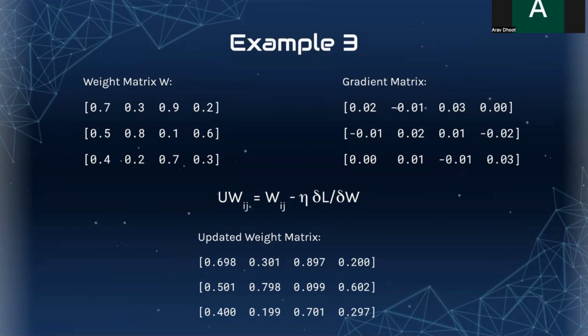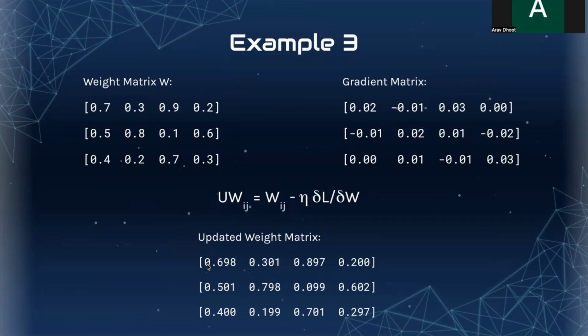And with the learning rate, for this example, let's assume that the learning rate is 0.1. We update the entire matrices at once with the formula given right here in the middle, which is very similar to the one that we saw in the first example. This is matrix subtraction, where each element gets updated simultaneously.